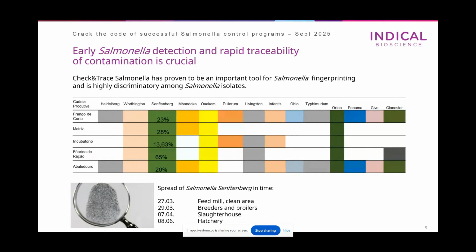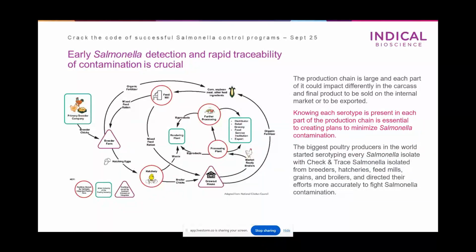It's very important to understand where you have the weakest links to be able to take the correct actions, and not maybe cleaning or vaccinating all the facilities, but just focusing on the weakest links, which are usually always the same. So the production chain we know is large, and each part could have a different impact on the carcass and on the final product.